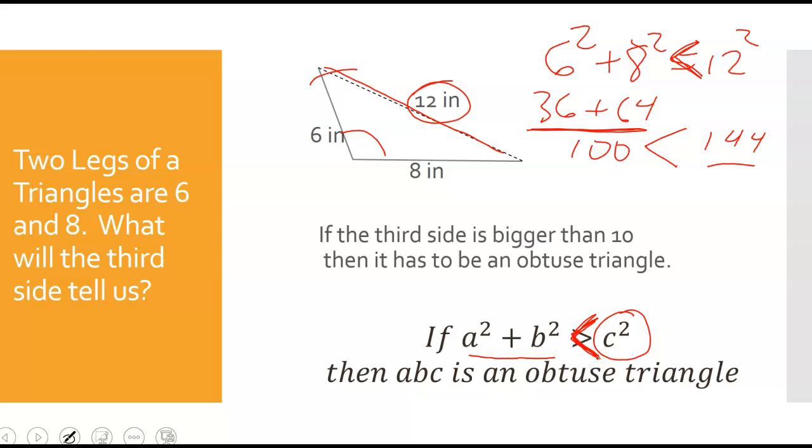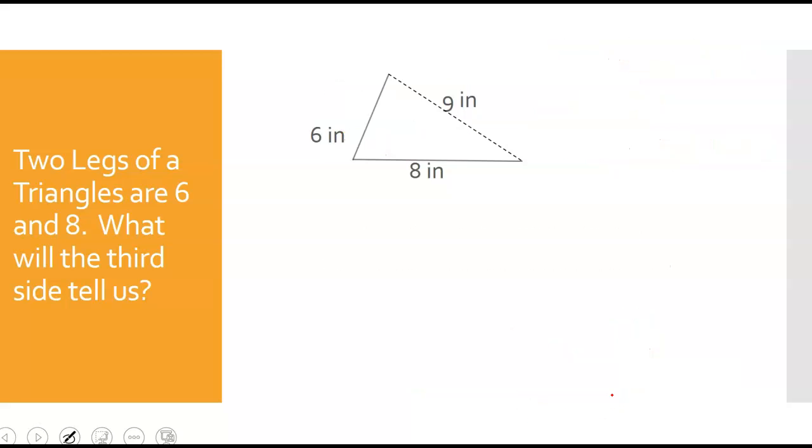Or if c squared is bigger than the sum of the two smaller ones, where a and b are the smallest two sides and c is the biggest one, then it has to be an obtuse triangle.